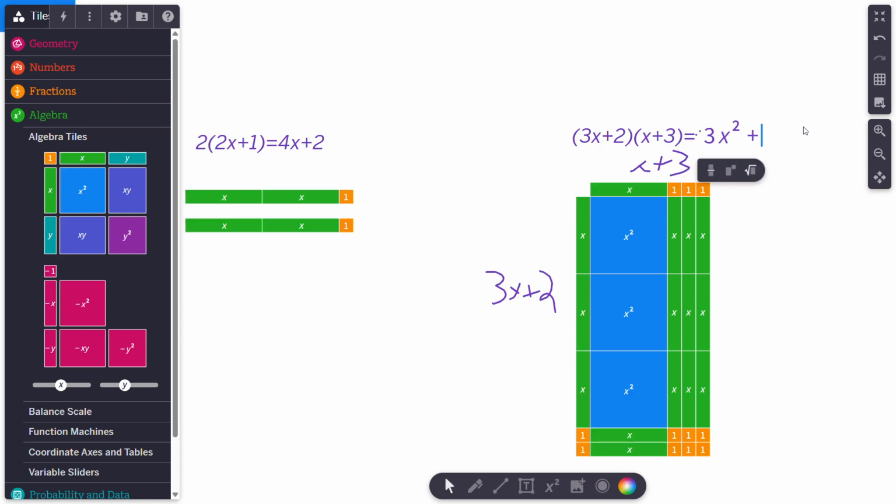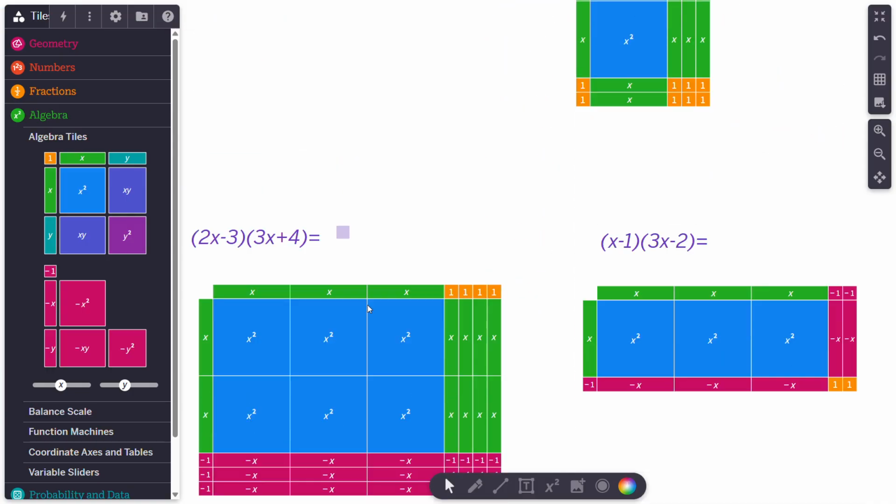So it's going to be plus 11x, plus how many ones do we have? I see 6. 3x squared plus 11x plus 6.